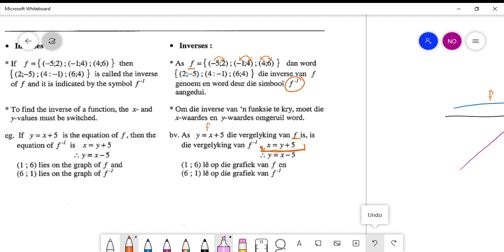Maar, en dit behoort julle al te weet, wanneer ons grafieke teken, moet y altyd die onderwerp wees. Right? The y is on its own, on the left-hand side of the equation. Yes? And that's just what they did there.